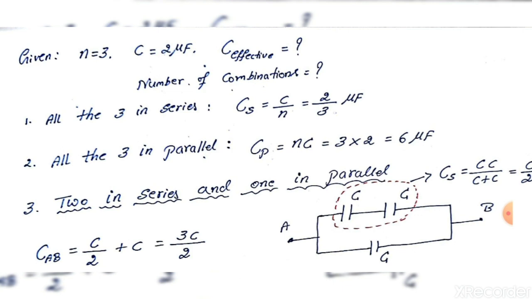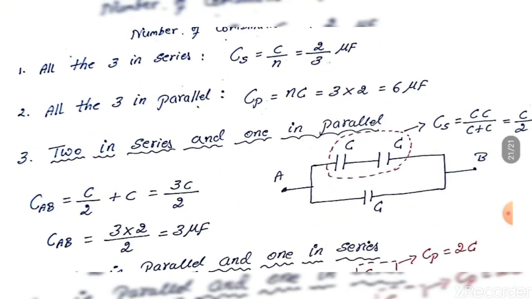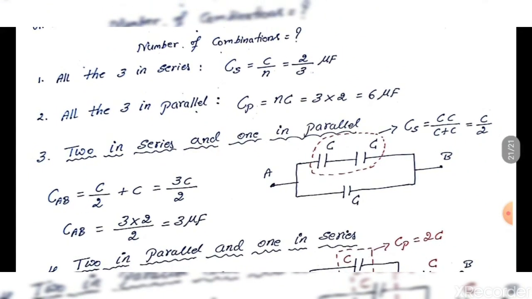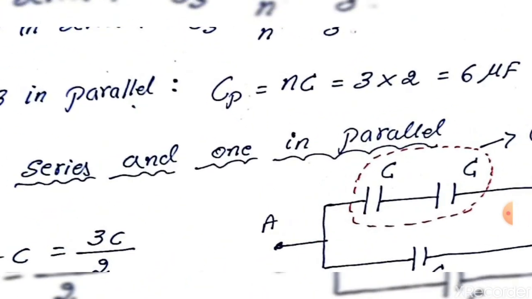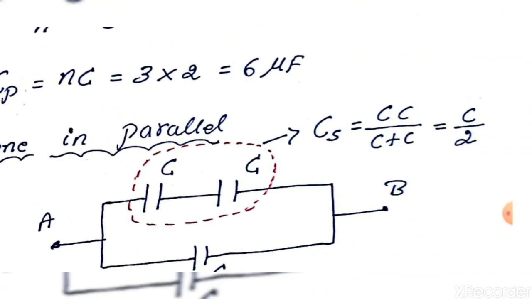Now we can change the combination a little here. Observe the third one. We are taking 2 in series. You can see the red dotted line. 2 capacitors came in series and 1 in parallel with that. The 1 capacitor went down, right? Now we can solve this for a series combination. Here Cs is equal to C1 C2 by C1 plus C2, where the values taken are C and C. CC by C plus C, so you will get C by 2.